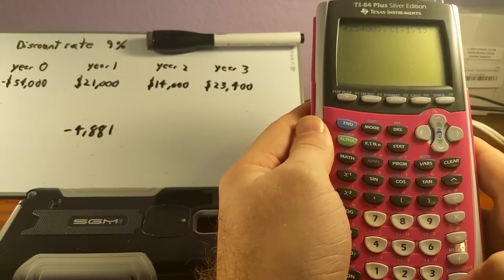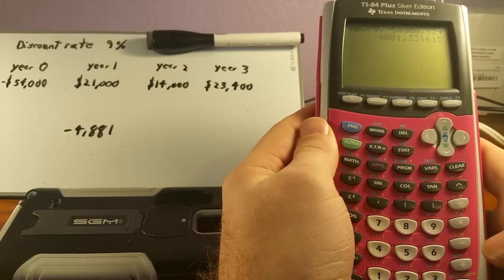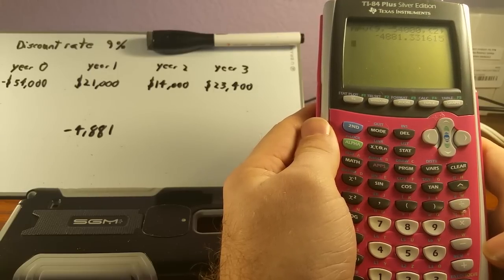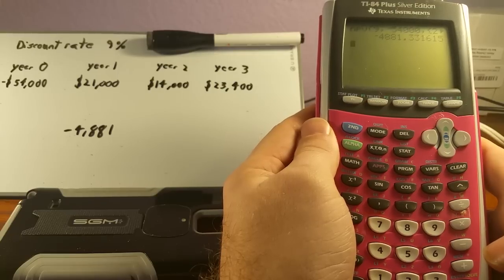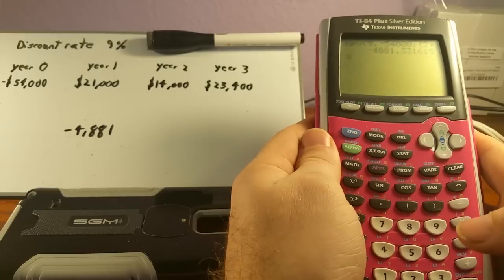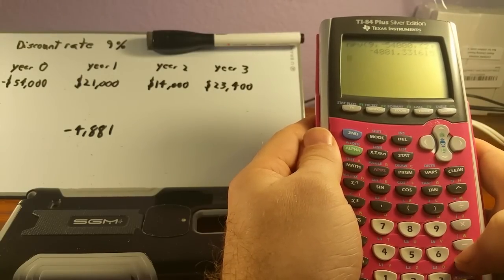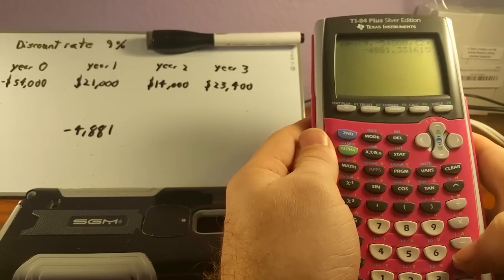And that's it. Hit the enter key, and we've got our answer. And the answer in this case is negative 4,881.331615. And that's the whole process, guys. It's real simple. So just do that 5, 6, 10 million times, and you'll get it.